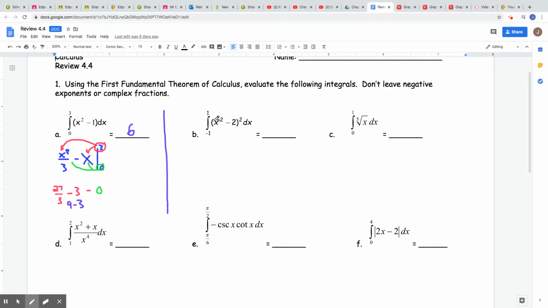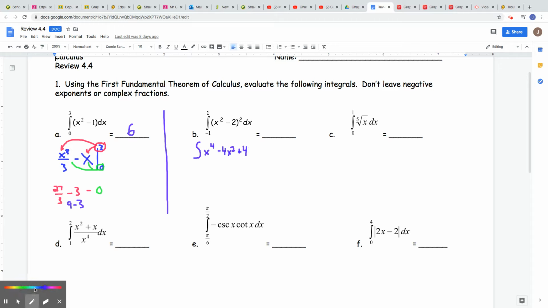All right, now before we go and integrate this, let's FOIL this out. Let's multiply x squared minus 2 times x squared minus 2, which would then give us the integral of x to the 4th. Multiply these and double them, which is minus 4x squared. And then square 2, which is 4. All right.